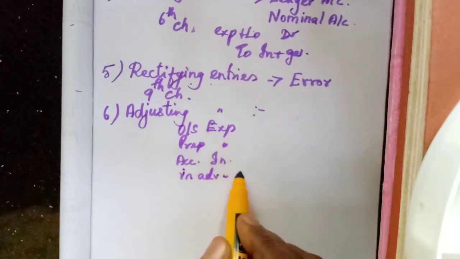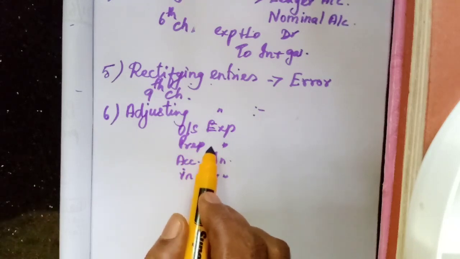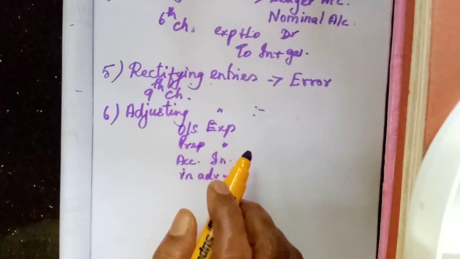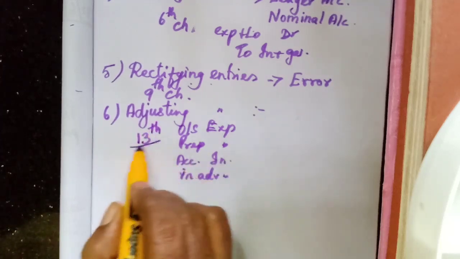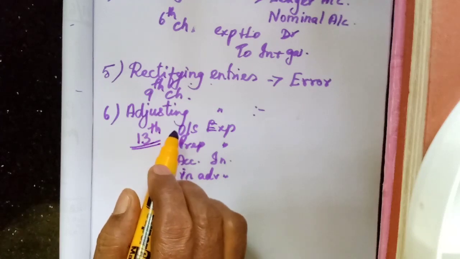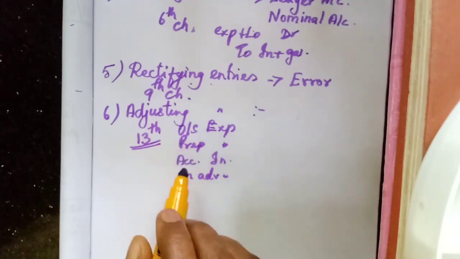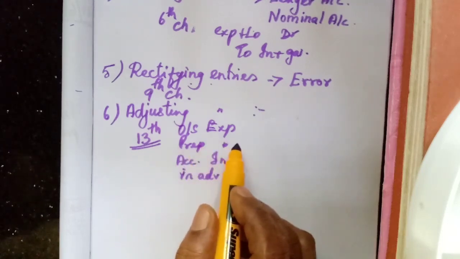All these we have to prepare adjusting entries for. Then interest on capital, interest on drawings, all these we are going to learn in the 13th lesson. I have told you many times, when we prepare the trading and profit and loss account, we have to make some adjusting entries. For this, we have to write the journal entry.